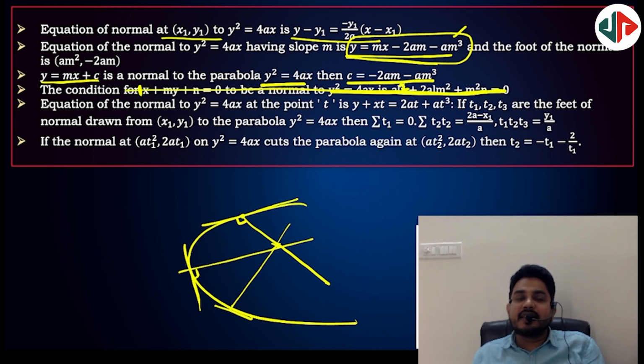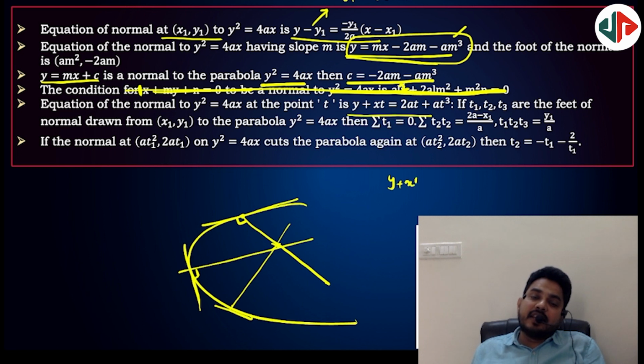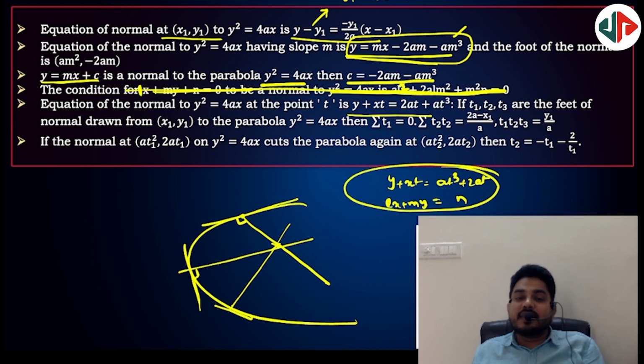What I suggest is, if some line is given, whether it is a normal or not, take the general form of the normal equation, y plus xt is equal to 2at plus at cube. Whenever someone asks whether lx plus my plus n is equal to 0 is a normal, I suggest you go for the simplification instead of remembering this one.